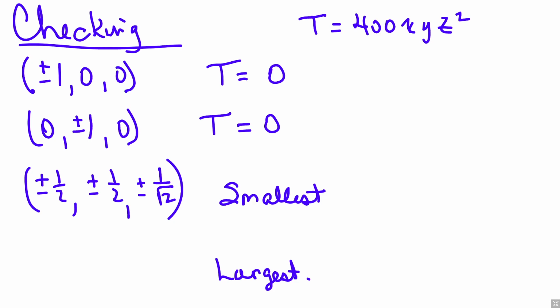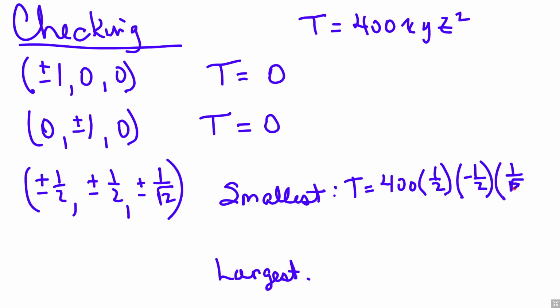Okay, so we can look at one scenario where x is positive, y is negative. So if we take a look at that, we have T is equal to 400 times 1/2 times negative 1/2 times 1 over the square root of 2 squared.